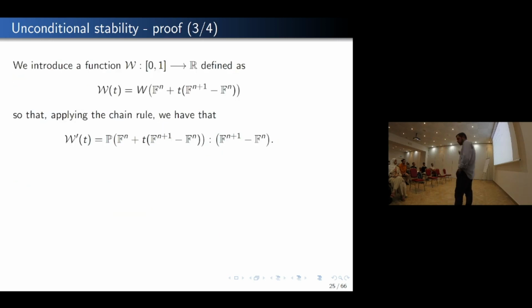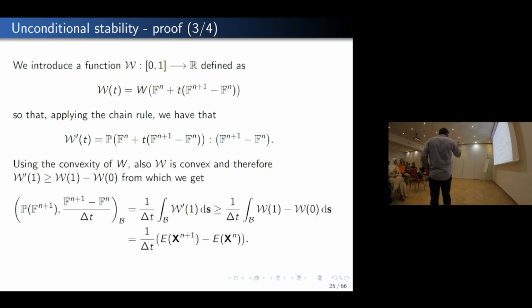In order to do this, we introduce another function, calligraphic W, from 0,1 to R, defined as calligraphic W of t equal to W of F_n plus t times (F_{n+1} minus F_n). And this means that if we apply the chain rule, we have that the time derivative, the first derivative of calligraphic W is this object.